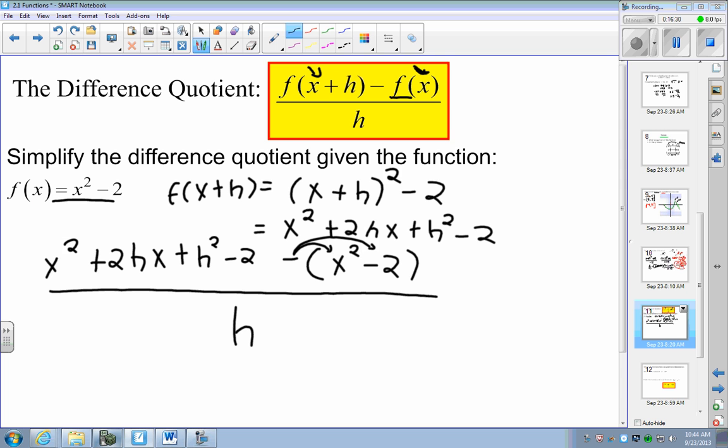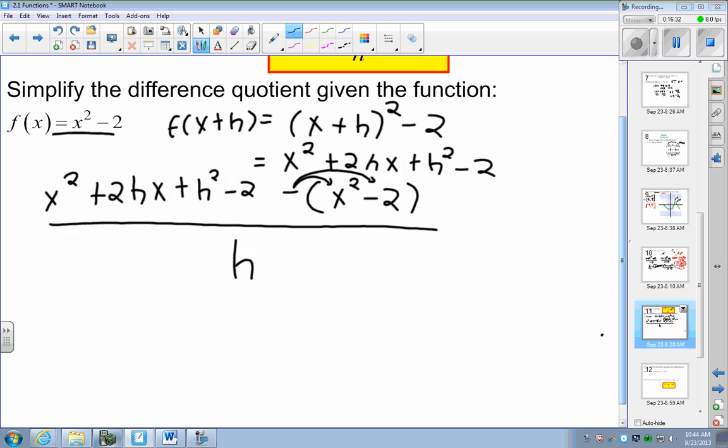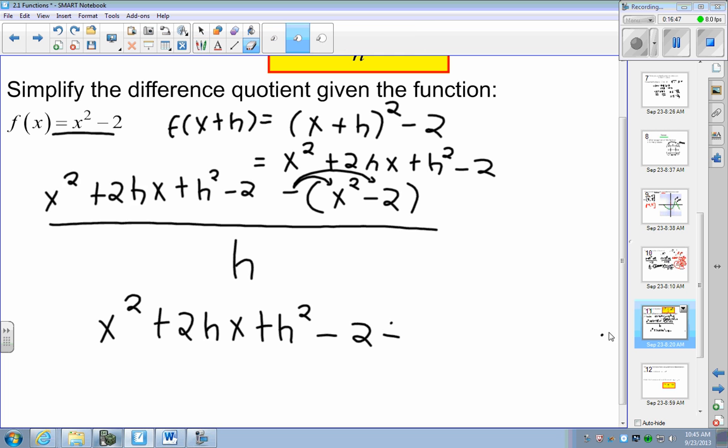And so when we do that, I end up getting x squared plus 2hx minus 2 minus over h.